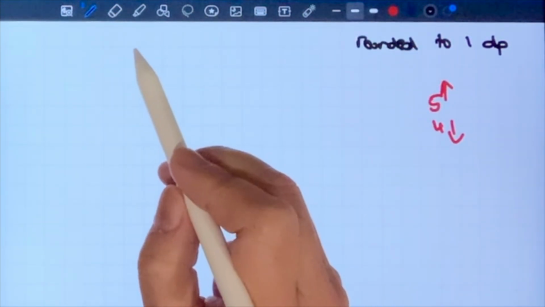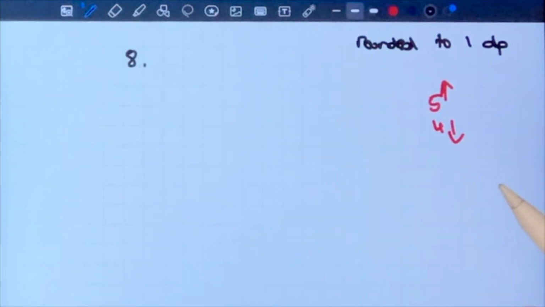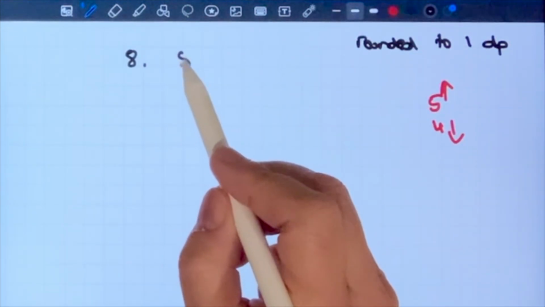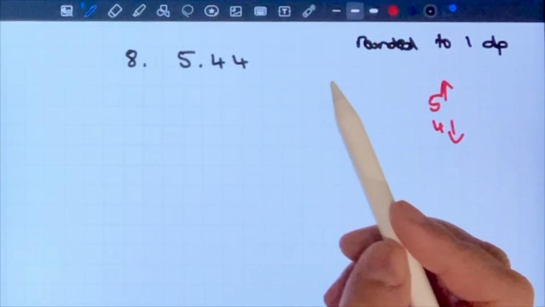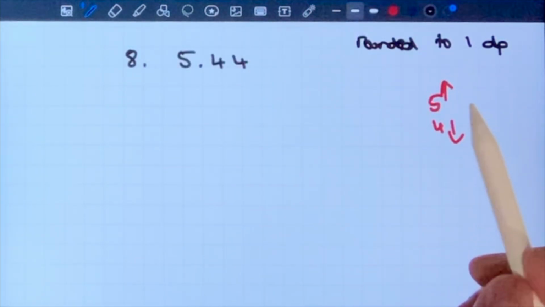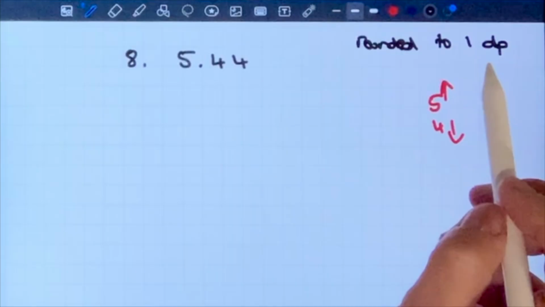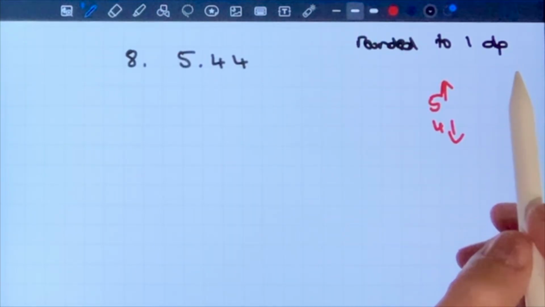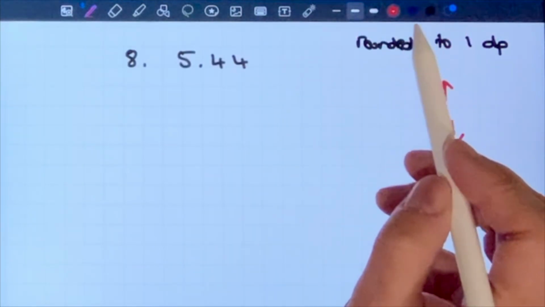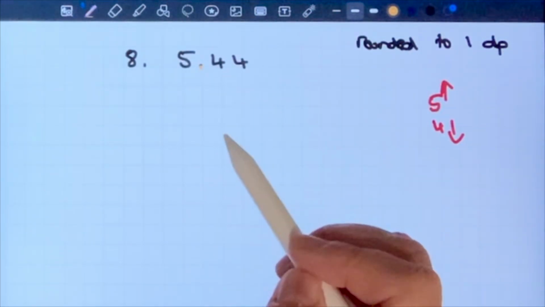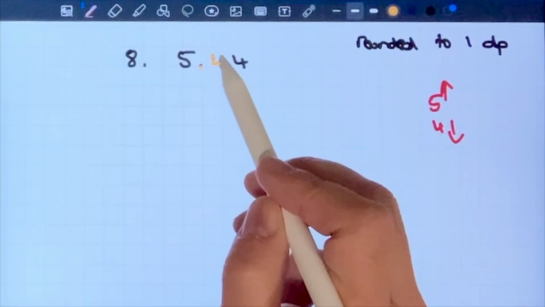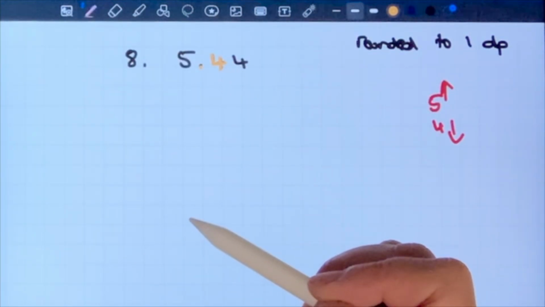Okay, example number 8. We have the number 5.44, and we want to round it to one decimal place. So again, I identify my decimal, which is here. So this is one decimal place.